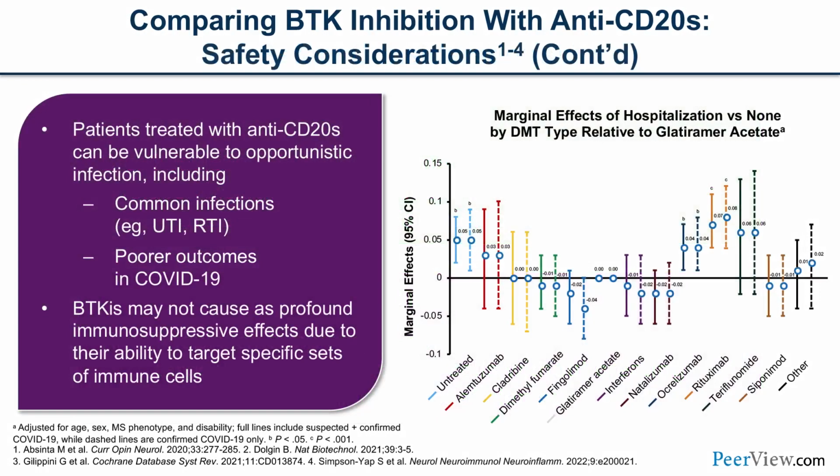In that immunodeficiency, what we all worry about is risk of infection. And so we know that our patients who are treated with anti-CD20 therapies can be at a higher risk for common, very treatable infections. But there's also data from the right that raise concern about poorer outcomes or higher hospitalization rates during COVID with the anti-CD20 therapies. Listed at the bottom are a series of FDA-approved therapies for multiple sclerosis.